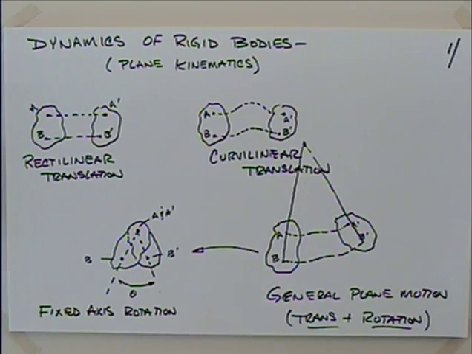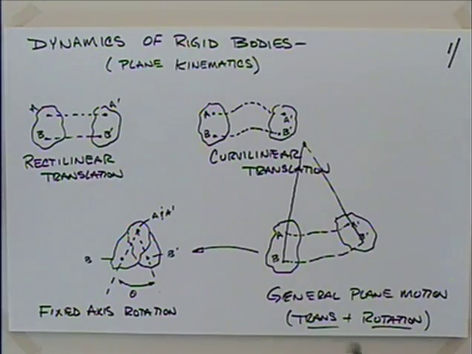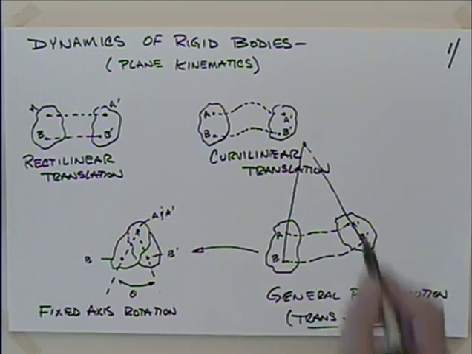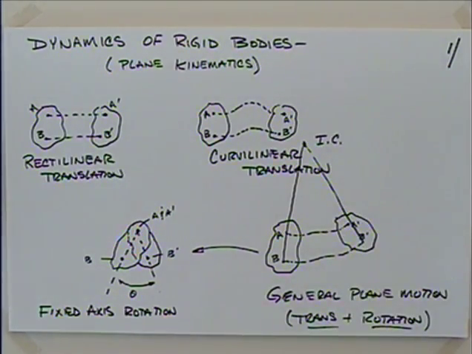There's no requirement that it be rotating about some point on the body. We will take this point up here, and we can turn that general plane motion into simple rotation about that point. And this becomes our instantaneous center of zero velocity. It's going to be a powerful tool for us in the future. So that's coming up. Questions with that?